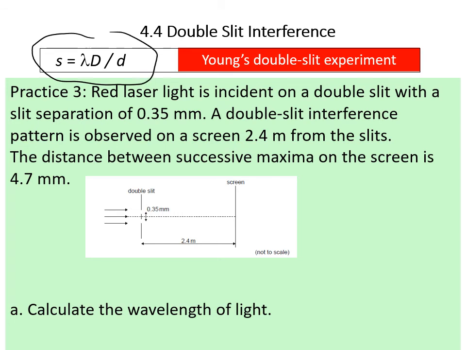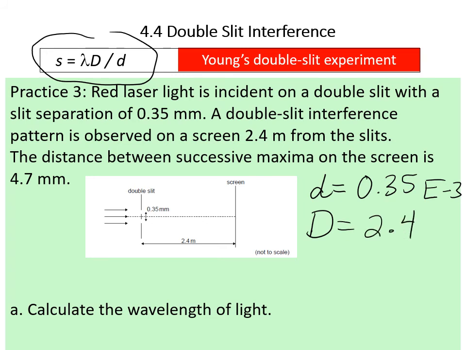The slit separation of 0.35 millimeters, so that's lowercase d, and you will convert that to meters, 0.35 times 10 to the negative 3, e negative 3 meters. It says that the pattern is observed on a screen 2.4 meters away, capital D is 2.4. The distance between successive maxima, that's the fringe spacing, S is equal to 4.7 e negative 3. Solve for lambda. Calculate the wavelength.